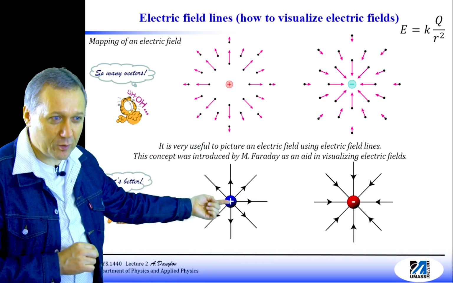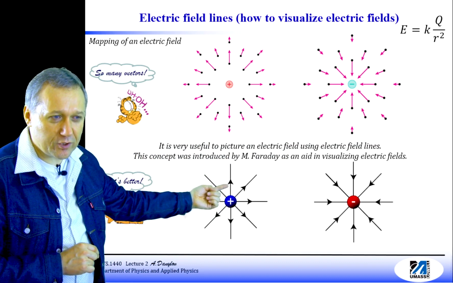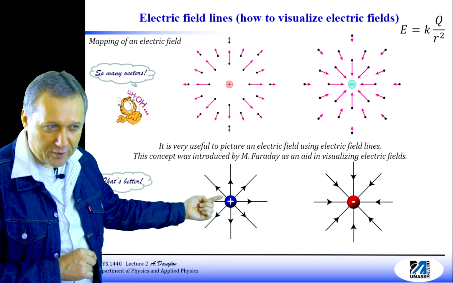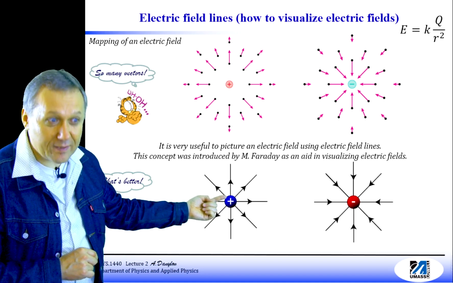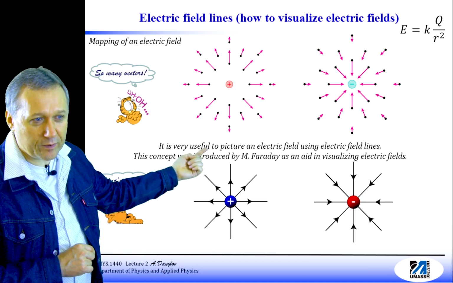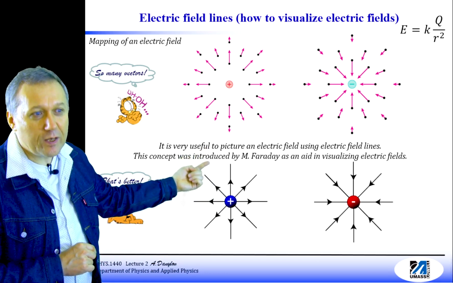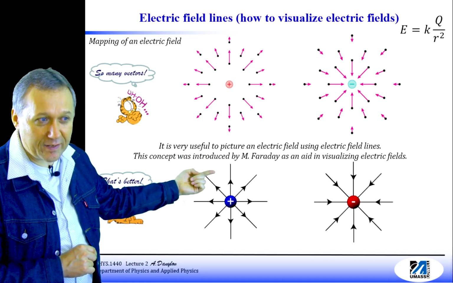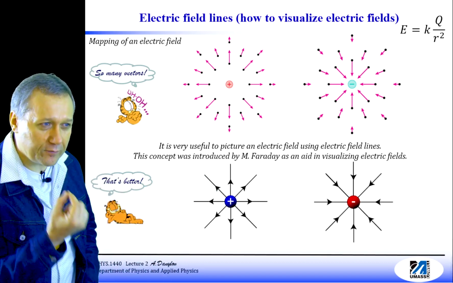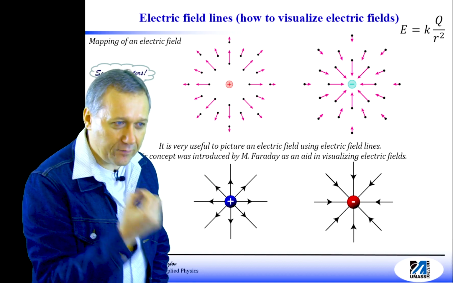What do I mean by this? Look, over here, closer to this charge, the density of these electric field lines is larger. As a result, over here, the electric field is stronger. If you move away over here, for example, the density of electric field lines is smaller, and the electric field is weaker. So we haven't lost information about the electric field strength.